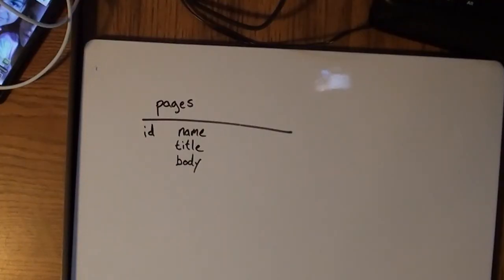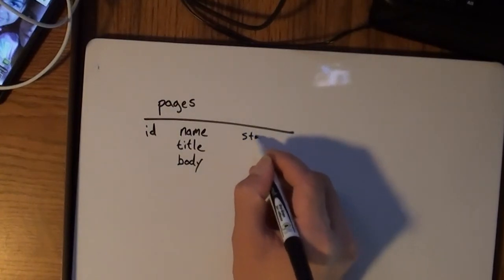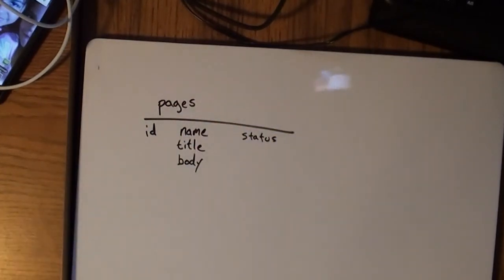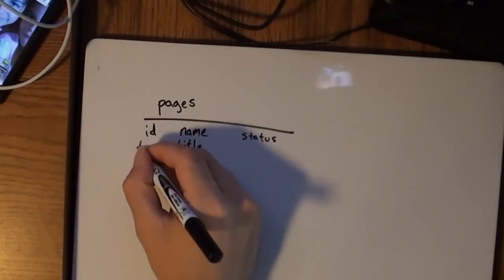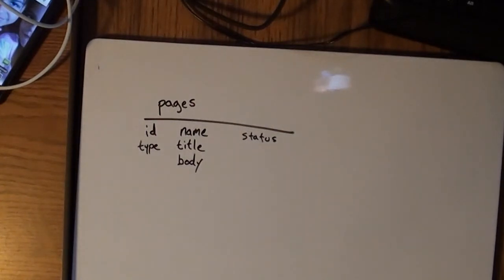So the last things we're going to add, these are things that I add almost every time I create a table in a database, whether I know what I'm going to do with them or not. And that is a status field. And a type. Now status is going to be what we consider a Boolean data type, which is pretty much an on or off, yes or no, 0 or 1.